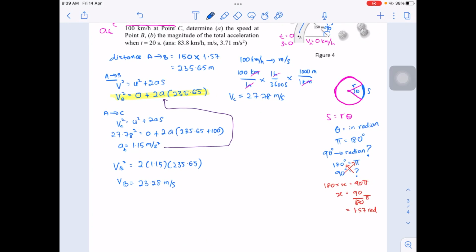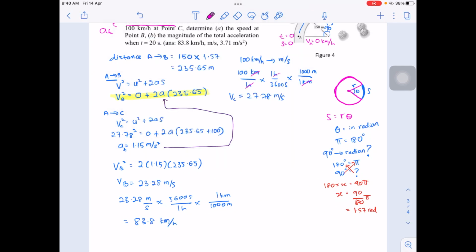So 23.28 meter per second times 3600 second over 1 hour times 1 km over 1000 meter, which is 83.8 km per hour.